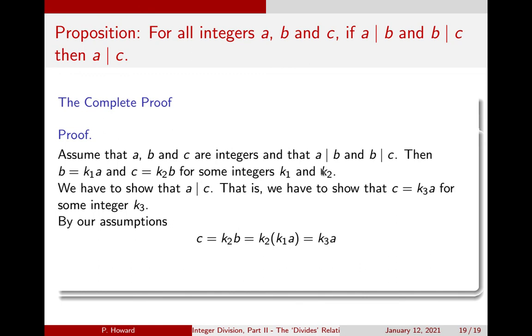And this is equal to k3 times a, where k3 is the integer k2 times k1. k2 times k1 is an integer by the closure properties for the integers. And here's the square. This completes the proof. We have proved what we needed to.